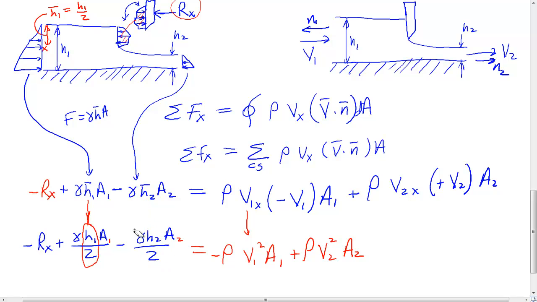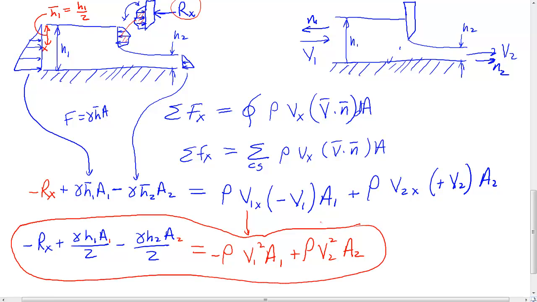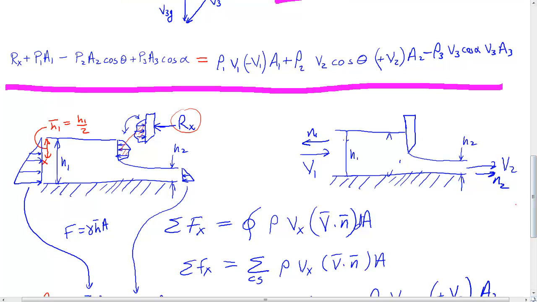Now you can go in and substitute in the values that you know, but we'll do that in the next lecture. So those are the two type problems. The type that have a hydrostatic force right here. So here's your hydrostatic distribution.